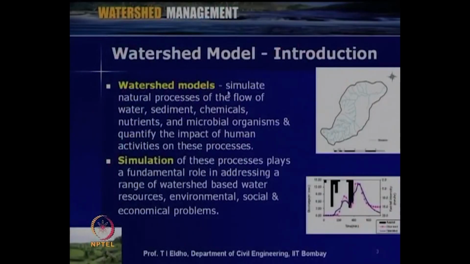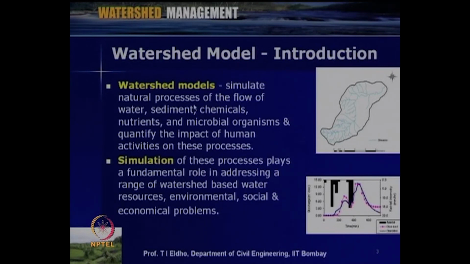In watershed models, we simulate the natural processes of the flow of water, sediments, chemicals, nutrients and microbial organisms and quantify the impact of human activities on these processes. That means when we interfere in terms of various land use and other activities, a lot of changes will take place.